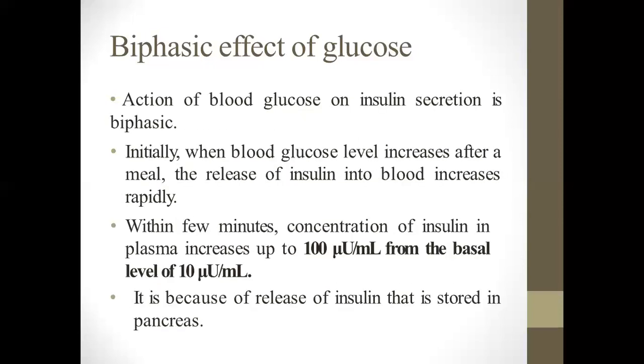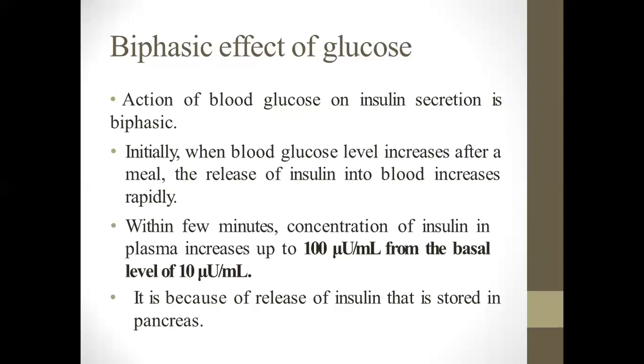Because insulin is stored in the pancreas, when a signal comes, this insulin that is stored in the vesicles, these vesicles attach to the membrane and exocytosis will occur there, and the beta cell will secrete the insulin. So first we have the stored insulin in the beta cell.